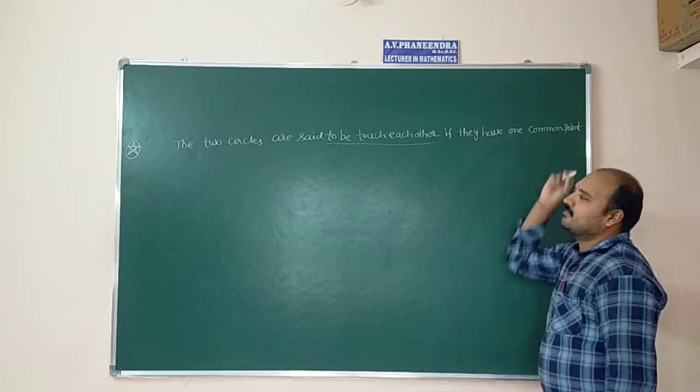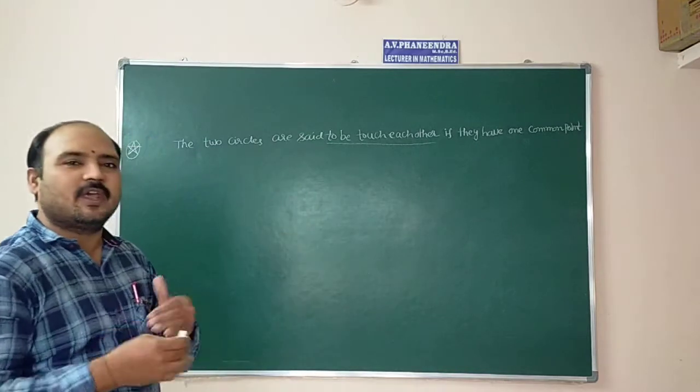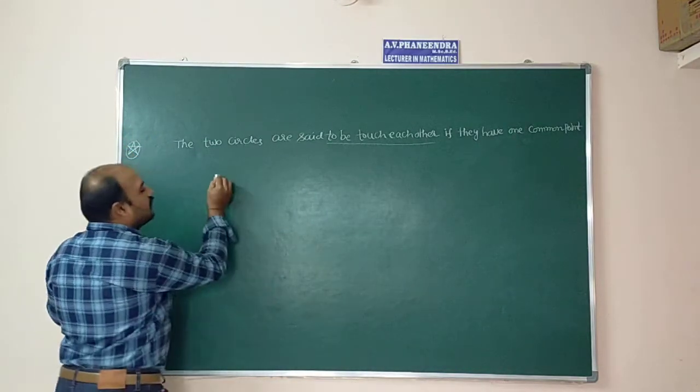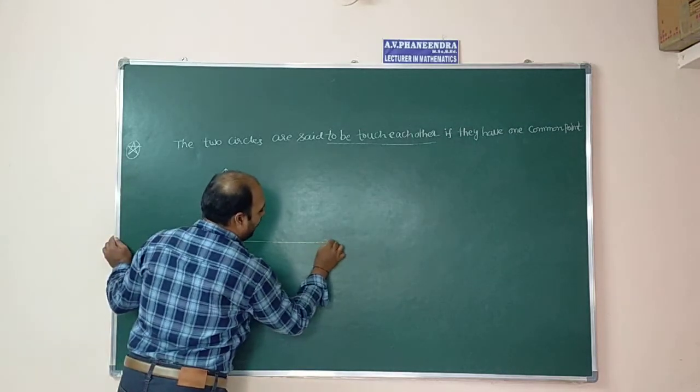One common point is enough. When we say that the two circles touch each other, it means they are having only one common point. Here two possibilities are there. We will show in the diagram.